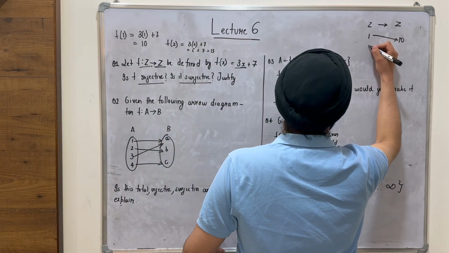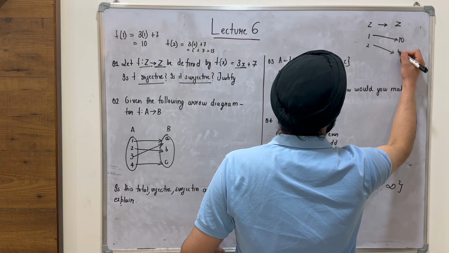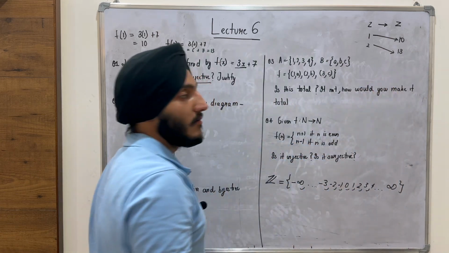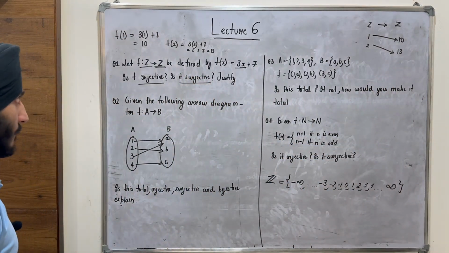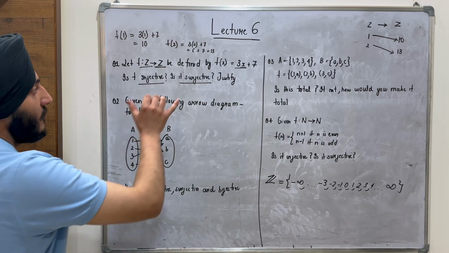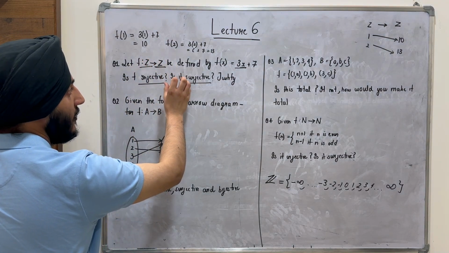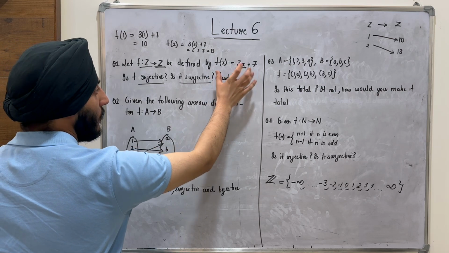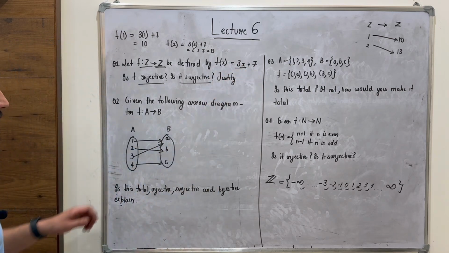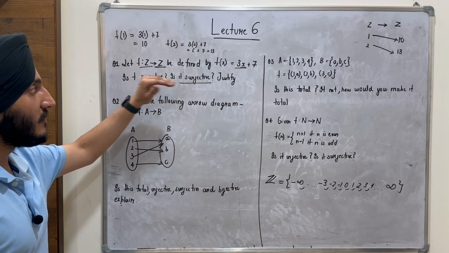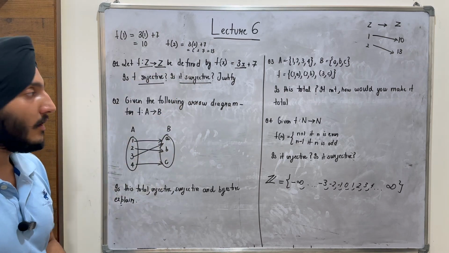So 2 is pointing to the value 13 in this case. I hope you understand this is a function from the set of integers to the set of all integers defined by f(x) = 3x + 7. Now the question is, is this injective, is this surjective, and justify why.